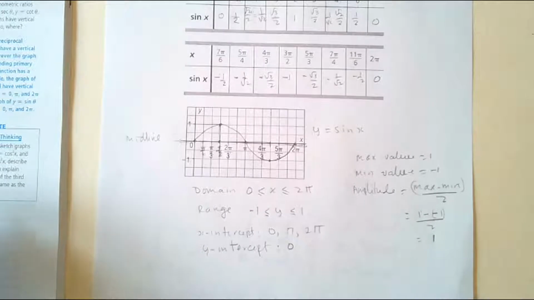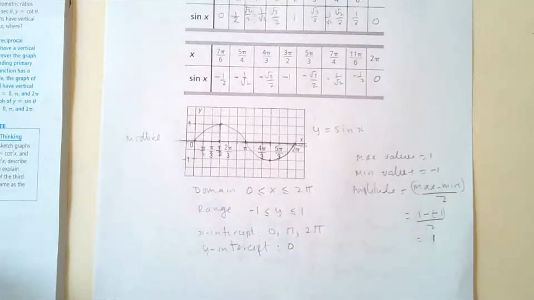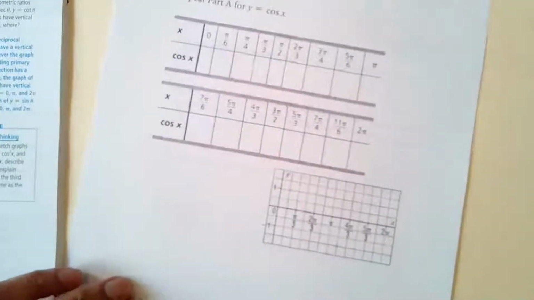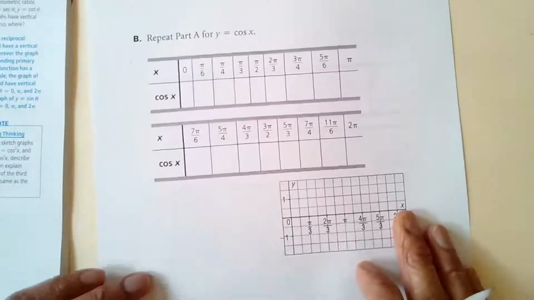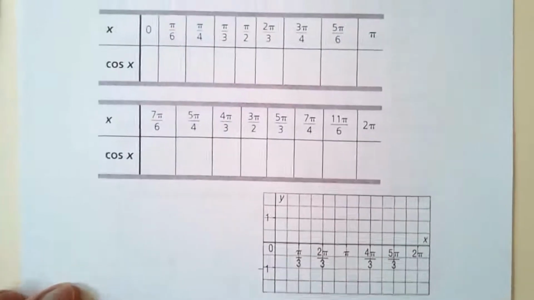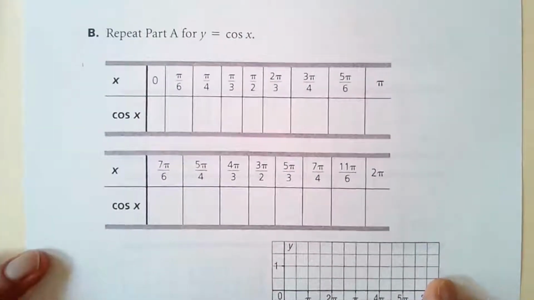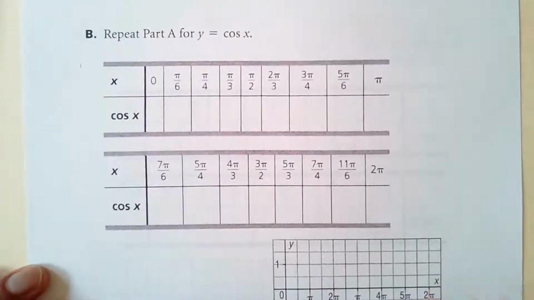Now let's look at the cos. I'm going to repeat it. For cos, same thing we've done for this. Now in this case we will look at the cos. Okay.